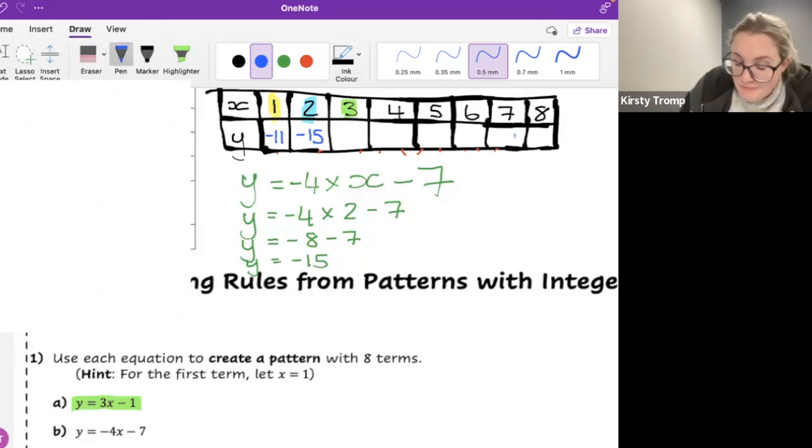It's going to be negative 4 times 3. Good. Which is negative 12, and then 12 subtract 7. Which is 5. Okay, be careful. It's negative 12. So negative 12 minus 7 gives you negative 19.